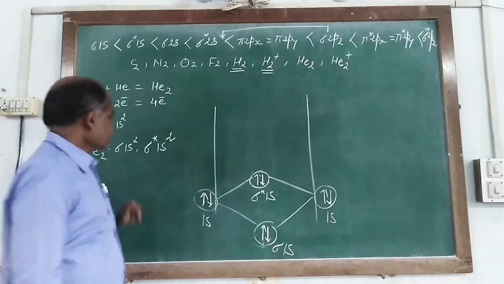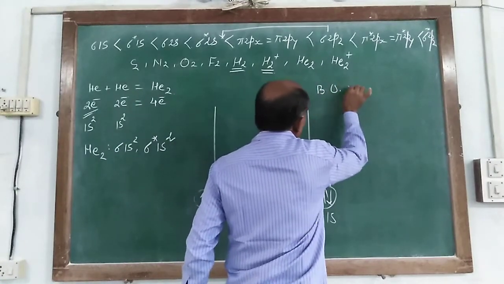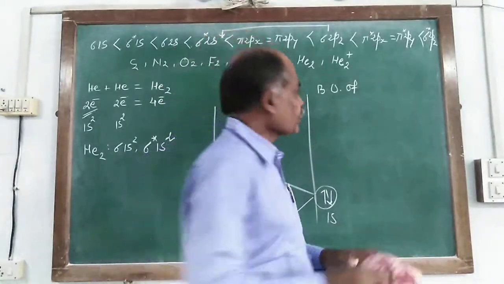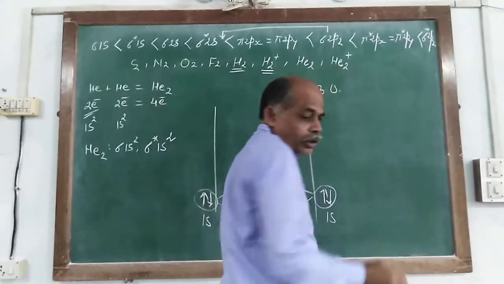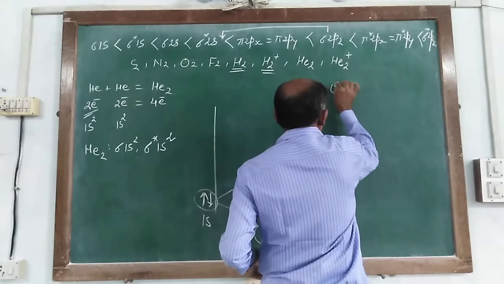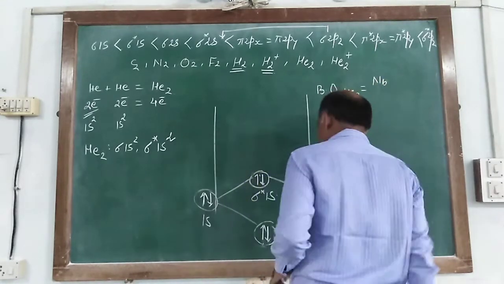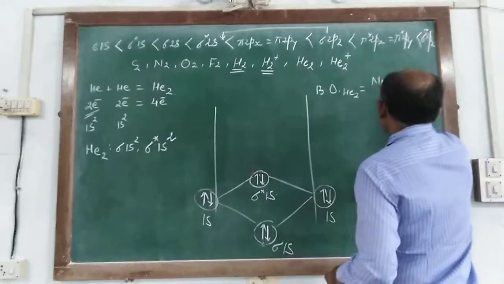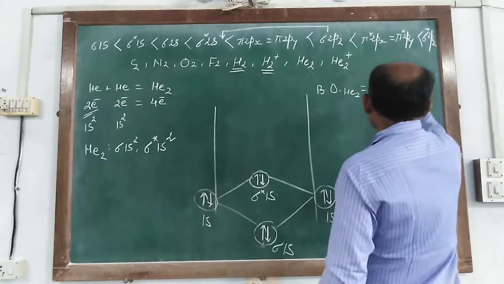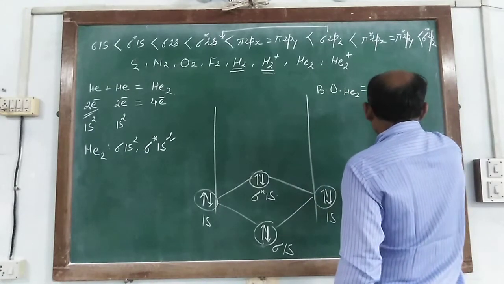Now we write the bond order of the He2 molecule. Bond order is equal to the number of electrons present in bonding molecular orbitals minus the number of electrons present in anti-bonding molecular orbitals, divided by 2.